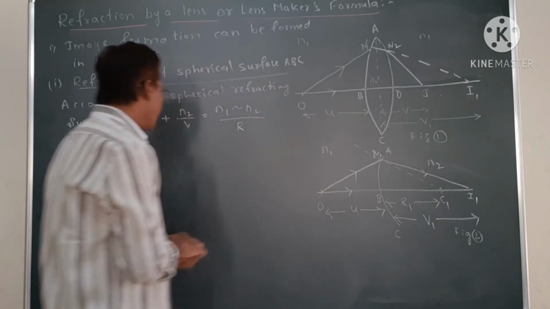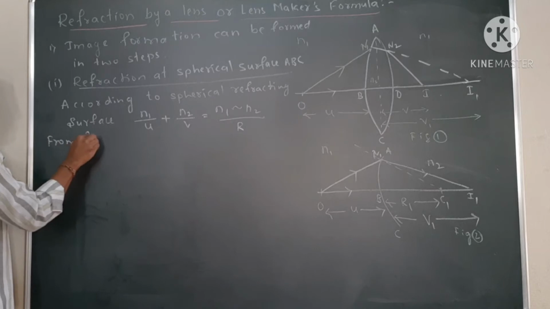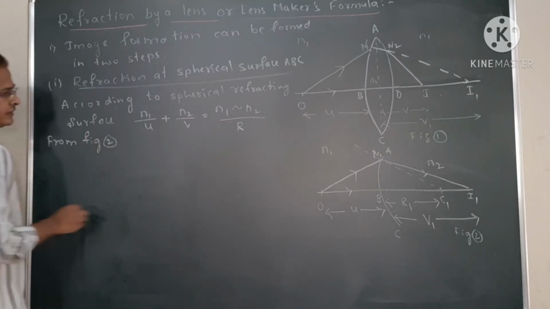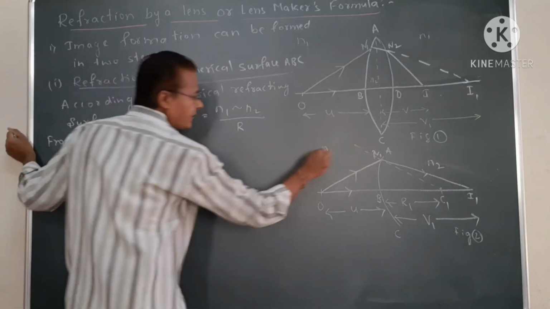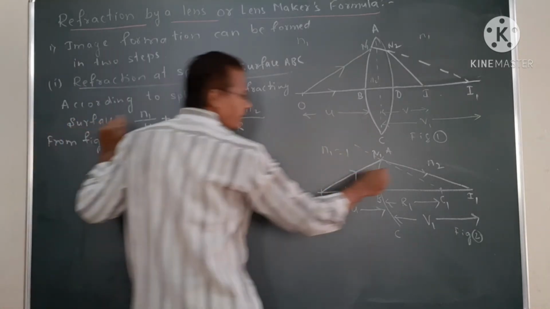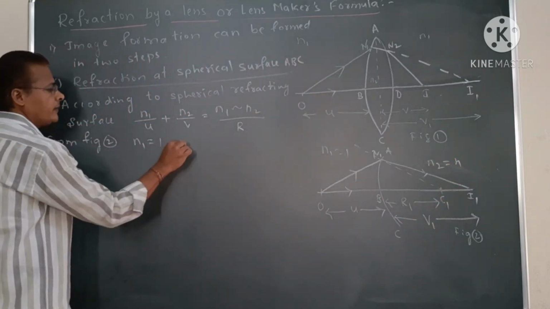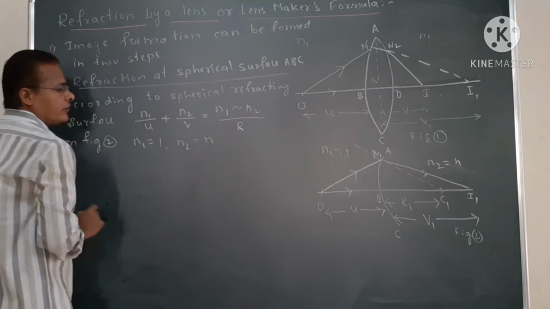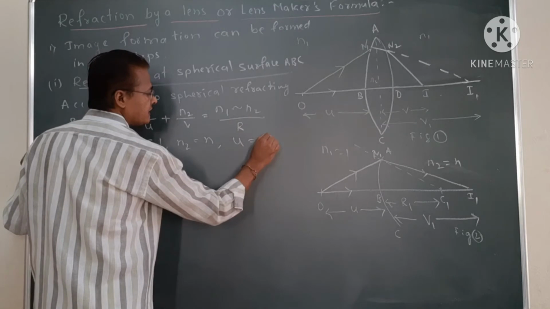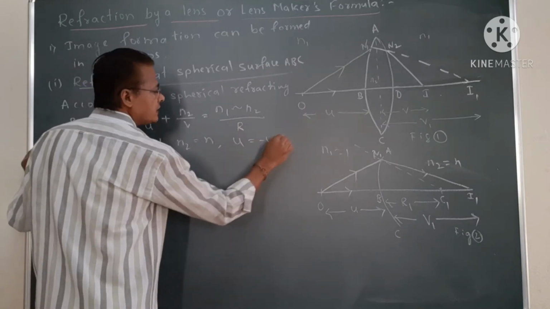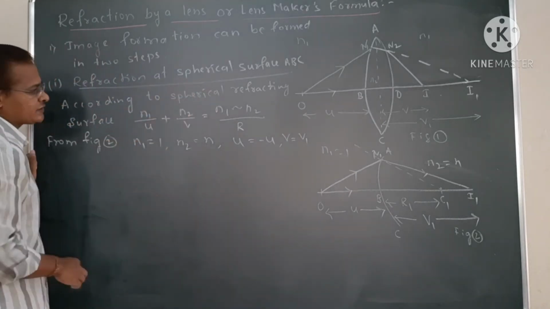So from figure 2, N1 equals 1, the air medium, and N2 equals N. So N2 equals N. And U, since it is on this side, is minus U, and V is the real image distance, V1, on that side, so it is positive.